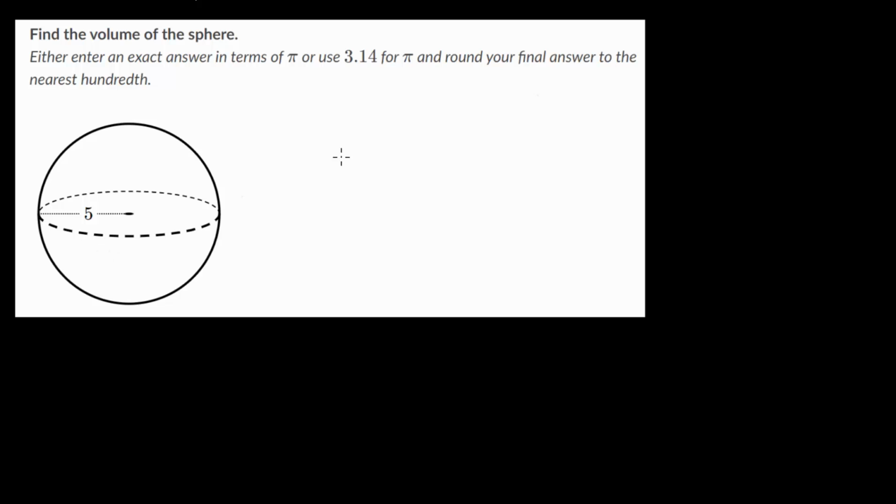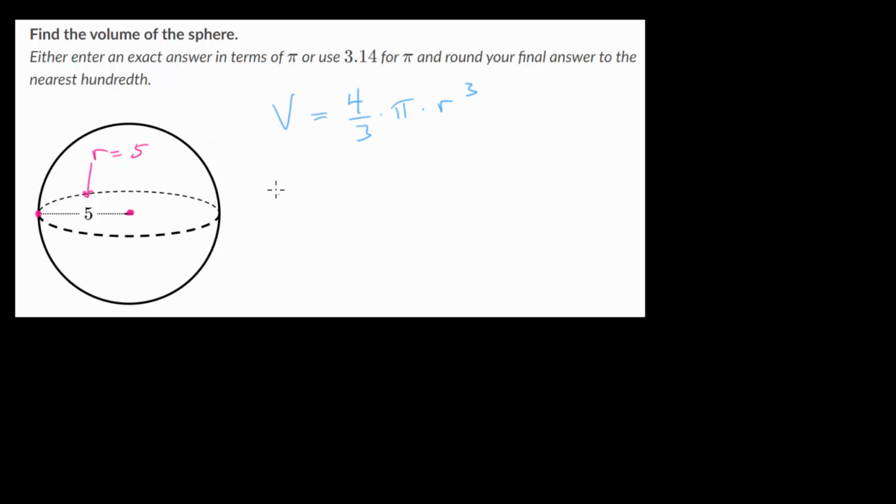Now let's do one more example problem where we need to find the volume of this sphere here, and we'll use that same formula, that the volume is 4/3 multiplied by pi multiplied by the radius cubed. And in this case, it looks like the radius, the length from the center to the actual sphere, is equal to 5.